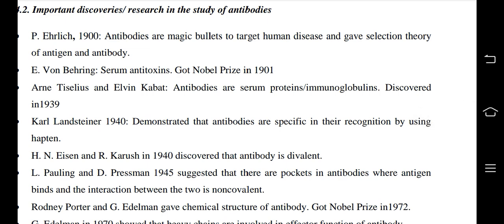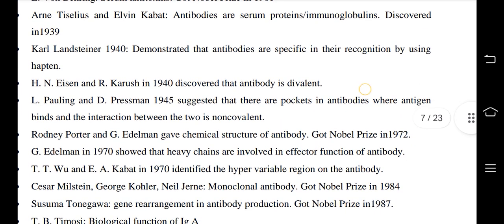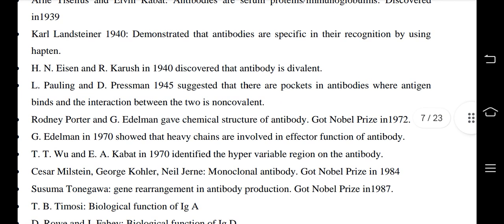A. Tiselius and Elvin Kabat: antibodies are serum proteins or immunoglobulins, discovered in 1939. Karl Landsteiner in 1940 demonstrated that antibodies are specific in their recognition by using haptens. H. N. Eisen and R. Krush in 1940 discovered that antibody is divalent.